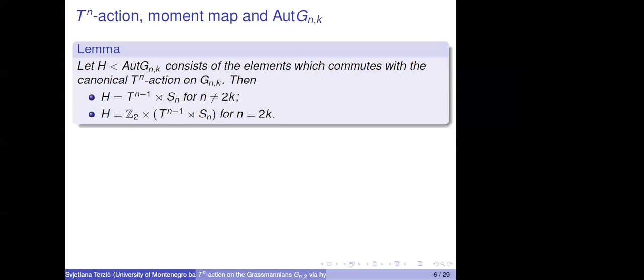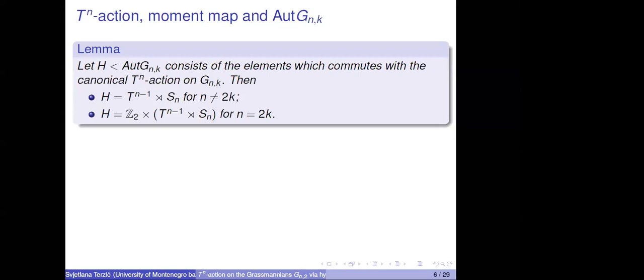And when n is equal to 2k, we have this product with Z_2, where Z_2 actually comes from the duality automorphism between G_{n,k} and G_{n,n-k}.